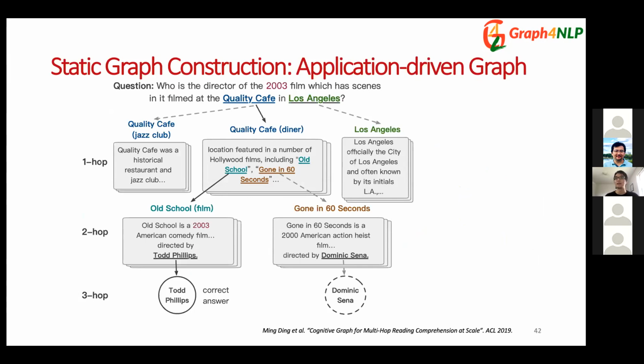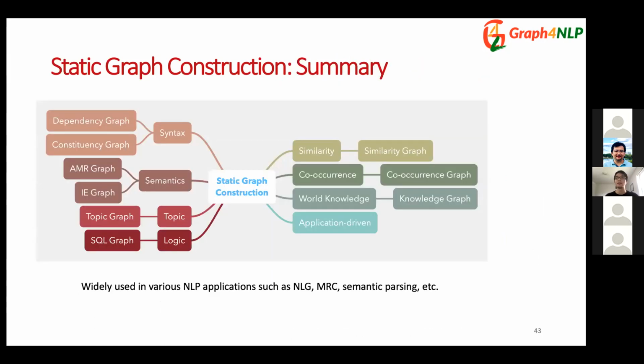with specific NLP tasks. As we have already seen, static graph construction operates by augmenting the text with various domain knowledge during the pre-processing stage, and those domain knowledge include syntax, semantics, topics, co-occurrence, word knowledge, and so on.